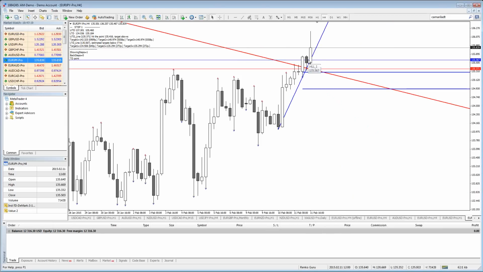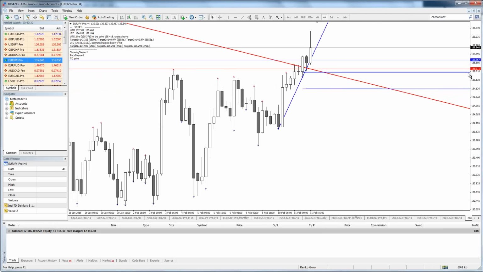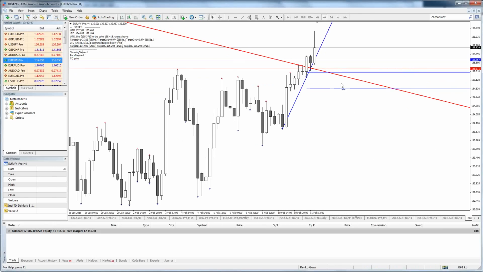Look at this. This was obviously a successful trade, although I don't think that the target has been met. Look at the target price projection, but it doesn't matter. Look how it behaved. The indicator plotted an upper trend line, and then the price broke out.